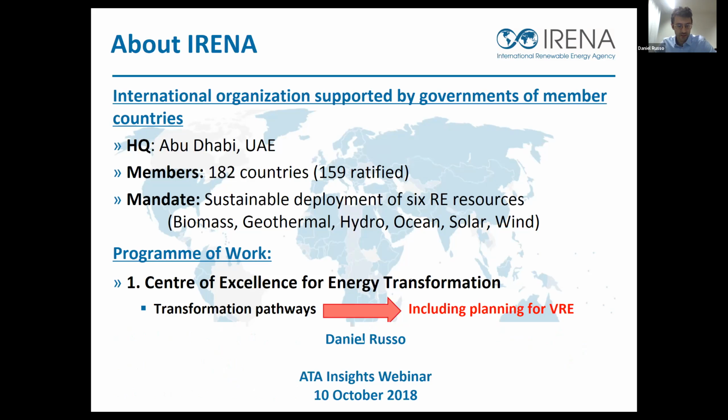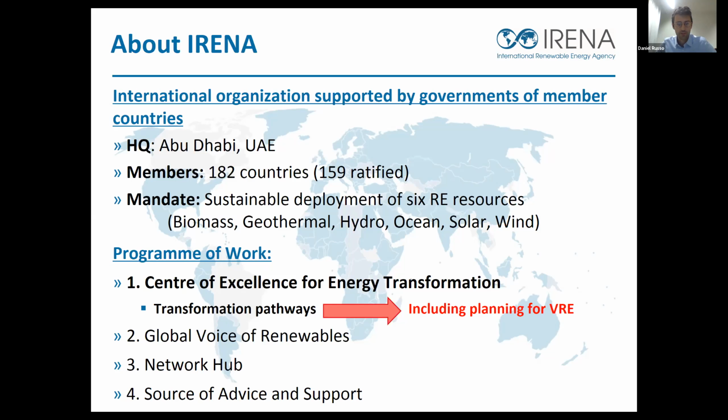And so we are dealing with all of those things here at the agency in four broad areas of work. We have a center of excellence for energy transformation, exploring different energy system transformation pathways. Under there, it includes planning and policies for variable renewable energy integration into the grid, communicating renewables, networking for various members, private sector, and other organizations, and then being a source of advice and support, building capacity with our member states.